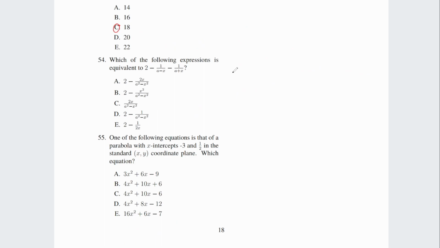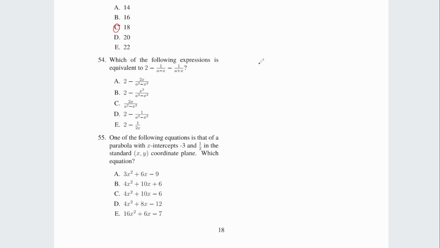Question 54 asks, which of the following expressions is equivalent to 2 minus 1 over a minus x minus 1 over a plus x? What we need to realize here is that we have the factors of a difference of squares, right?